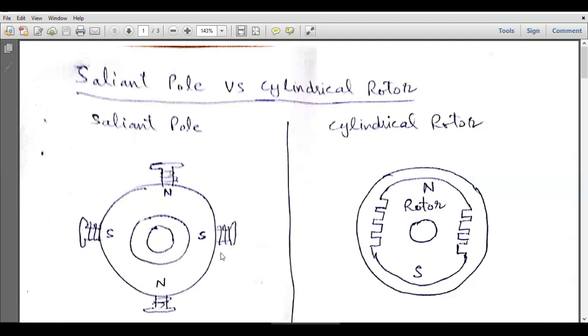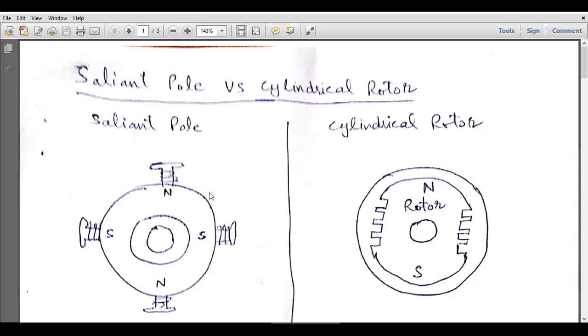When such a motor is run at high speed levels, it oscillates because outside this rotor surface there is a stator, and this rotor is packed in the stator core. So when this motor runs, there are non-uniform air pockets between the stator surface and the rotor surface, because these salient poles produce non-uniform air pockets.